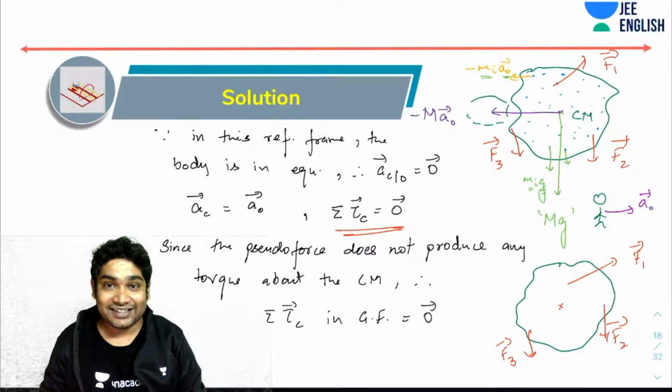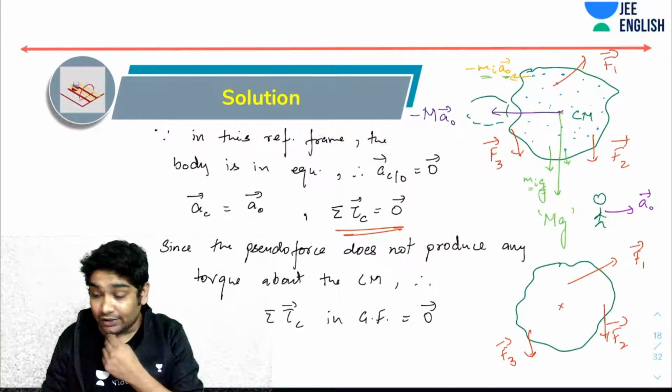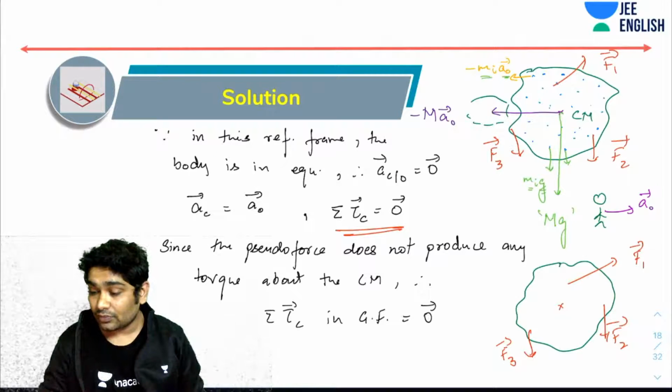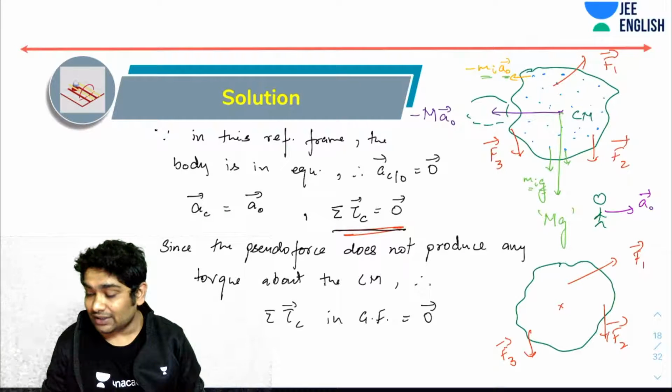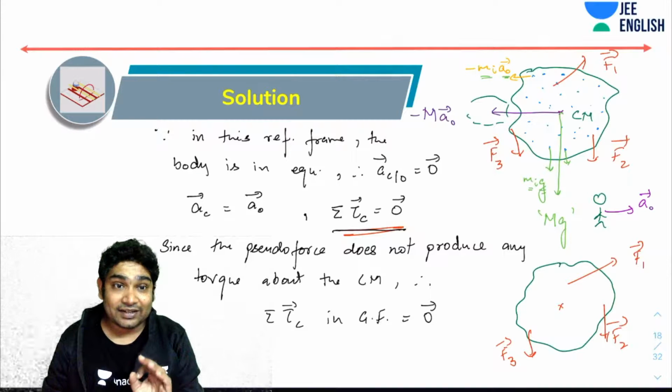So that is another interesting thing. Not only the torques about the CM would be 0, but the torques about any point in this reference frame would be 0. Agreed?